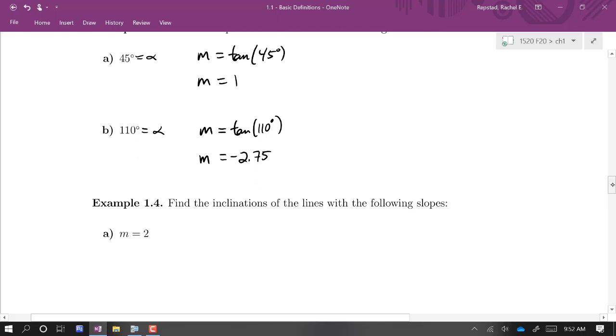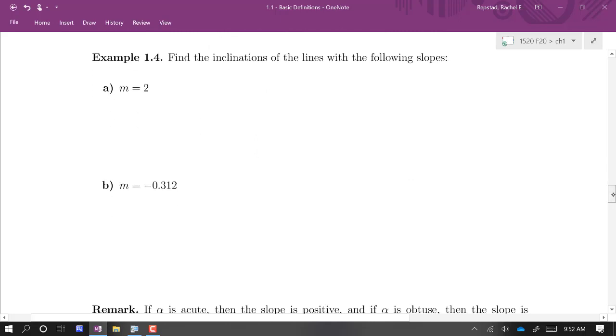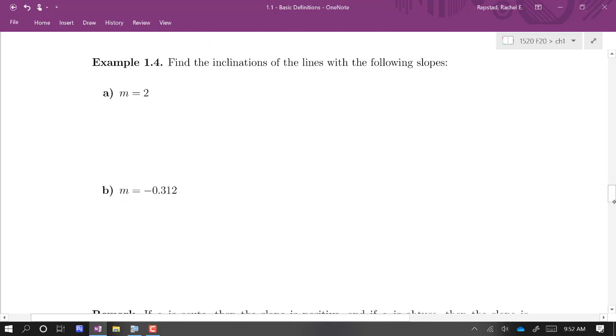What if I know the slope and I want to go the other way around? So if I know the slope, in this case, in part A, they're telling me that m is equal to 2. So that means that 2 is equal to tan of alpha, and I want alpha. So if I know the value of tan alpha, and I want the angle alpha, this is what the inverse tangent or arctan function is for.